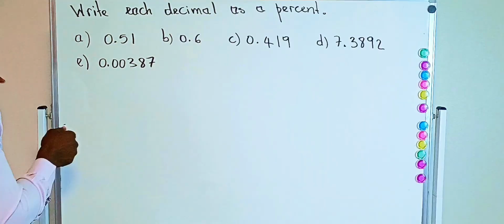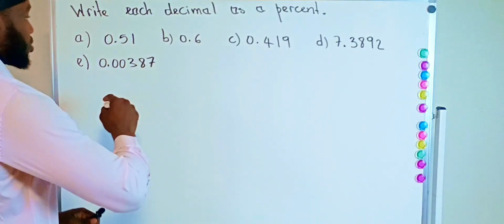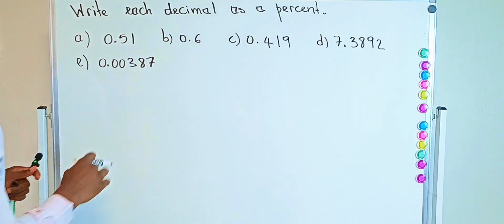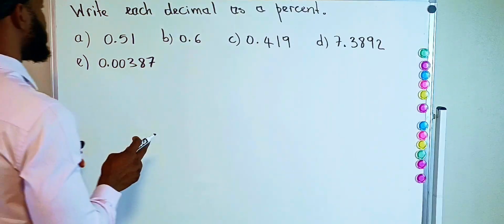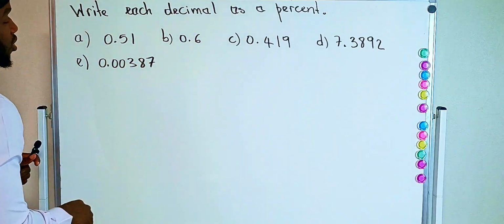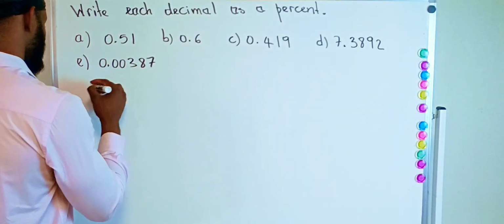Since you know the steps, easy stuff. To convert percent to decimal, you divide by 100. So to convert decimal to percent, you just multiply by 100 and you put the percent symbol.